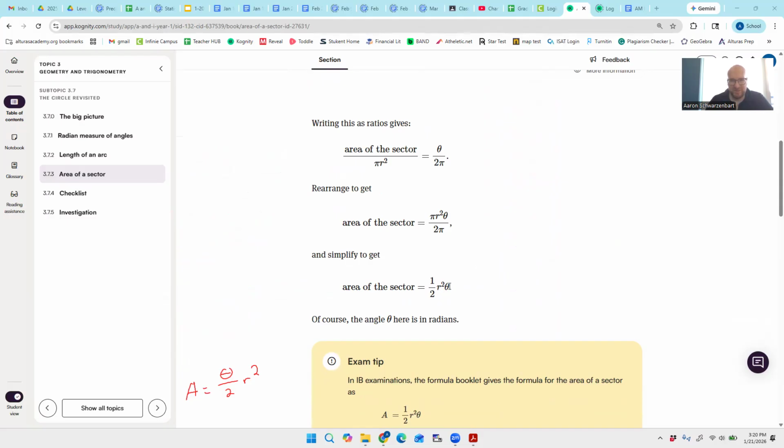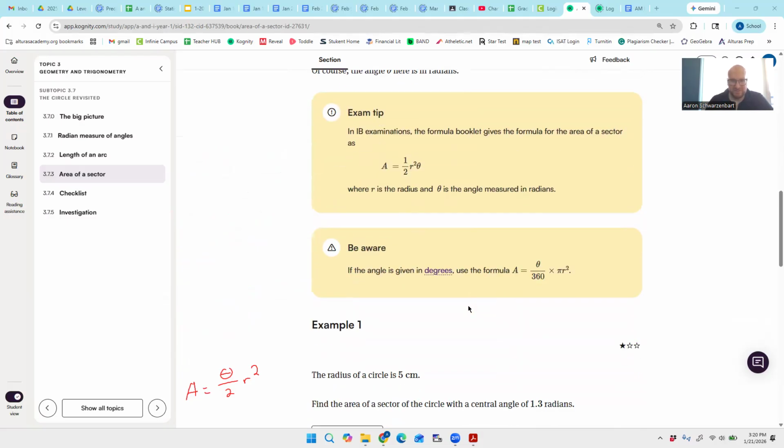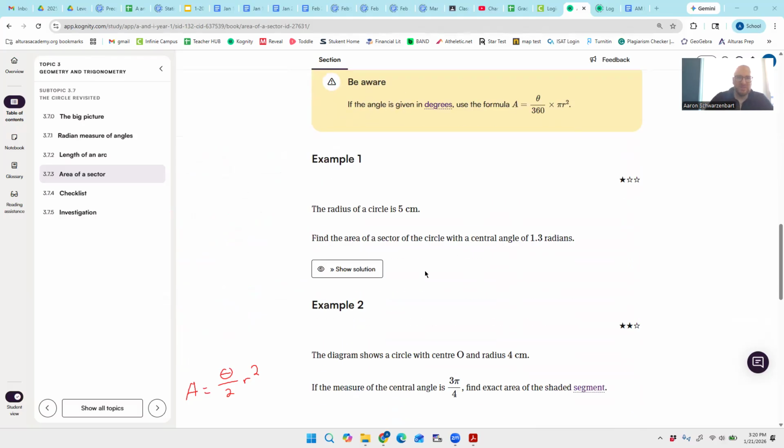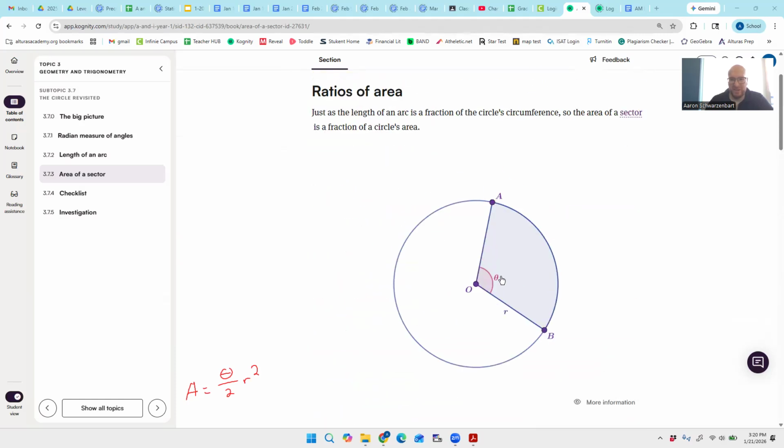Or here they've got 1/2 R squared theta. So the radius of a circle is 5 centimeters. Find the area of the sector that subtends a central angle of 1.3 radians. So what does that mean? It means essentially this. It wants the area of the sector.